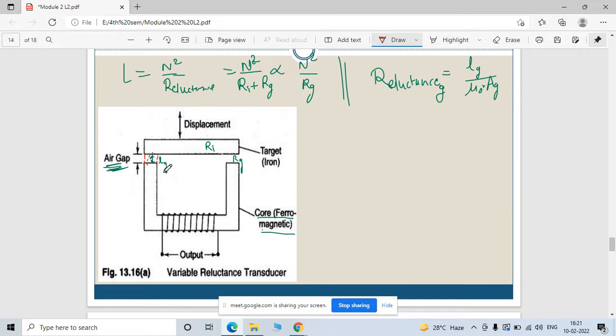So this is the area of the air gap through which the flux passes.